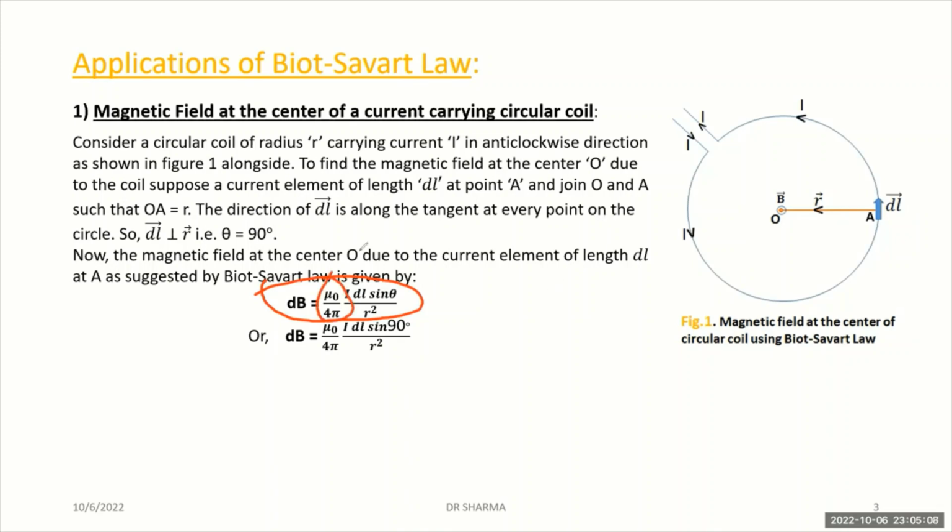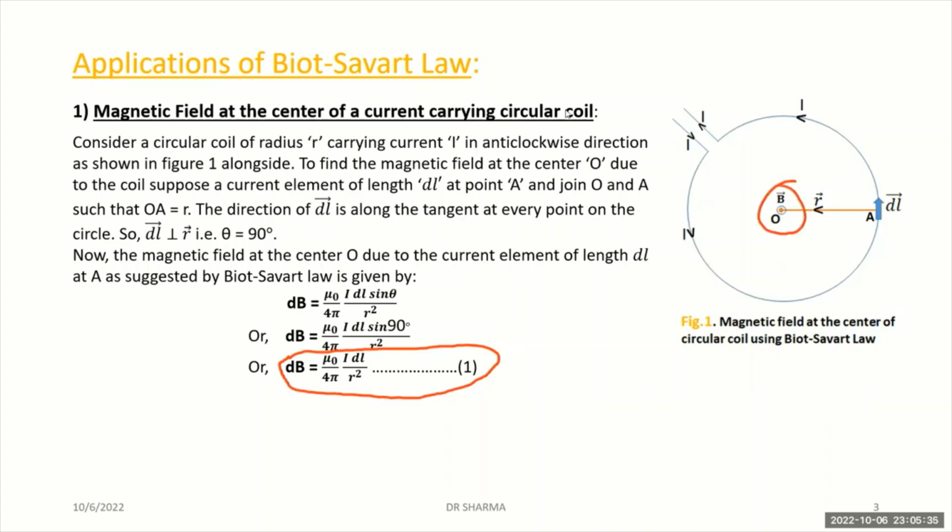Here theta is equal to 90 degree, so dB is equal to mu naught by 4 pi I dl sin 90 upon r square. If we use the corresponding values, we get dB is equal to mu naught by 4 pi I dl upon r square. This magnetic field, given in equation 1, is at the center of the circle due to that elemental length dl only.